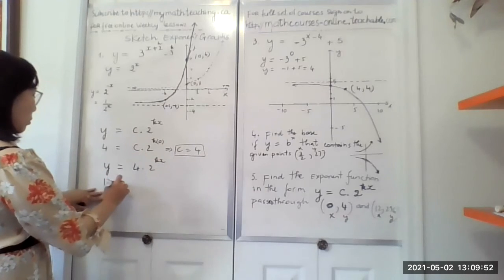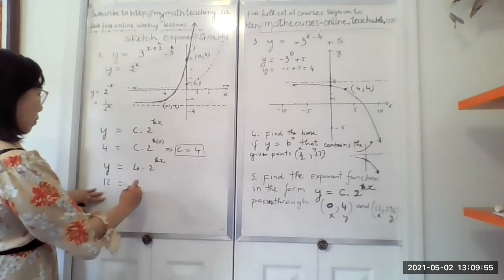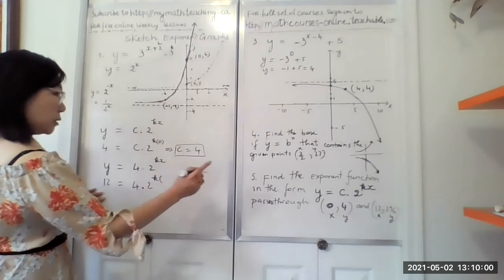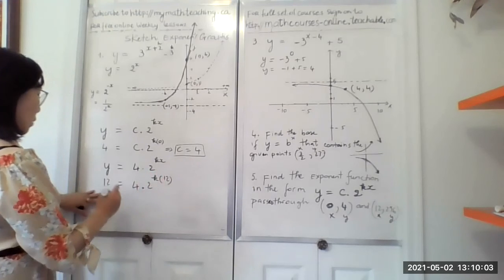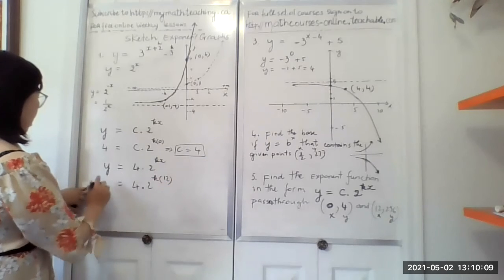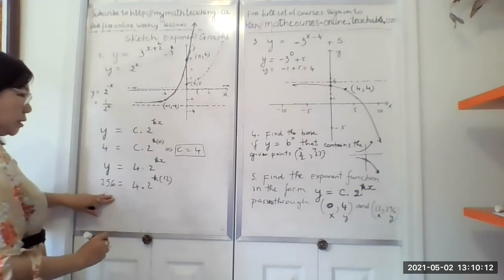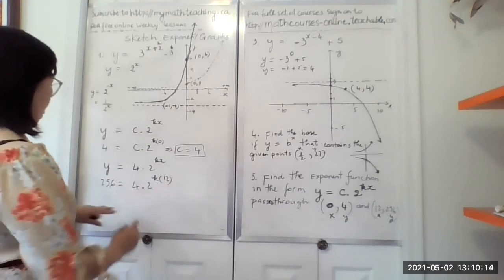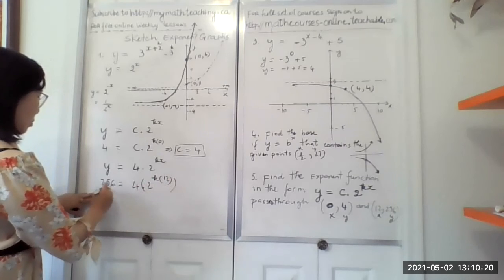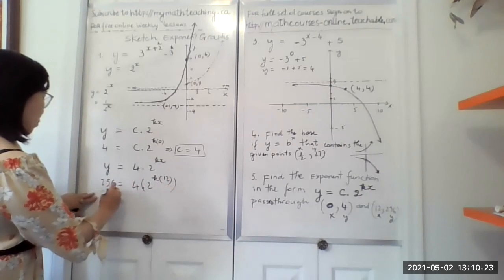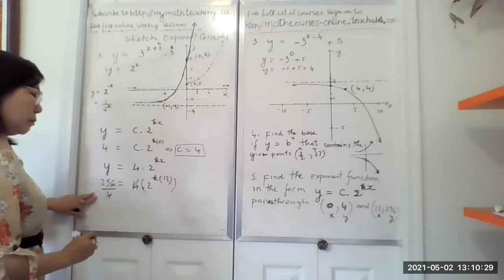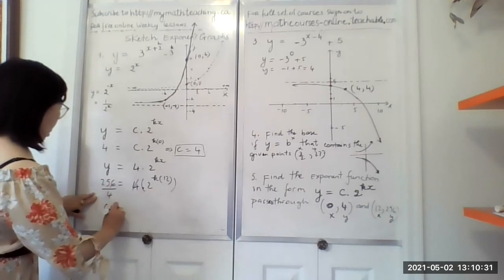So y equals 256, c is 4, 2 to the k, which we're going to find out, and x is 12. Sorry, it's my mistake, y is 256 and x is 12. Now all you do is divide both sides by 4, you cancel the 4 here, and 256 divided by 4 is 64.